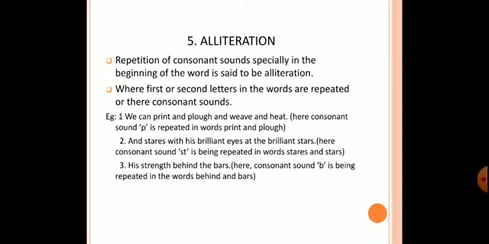Over here, the consonant sound B is being repeated in words like behind and bars. So this becomes alliteration. Remember students one thing, that alliteration means only the first or second letters of the words are being repeated.